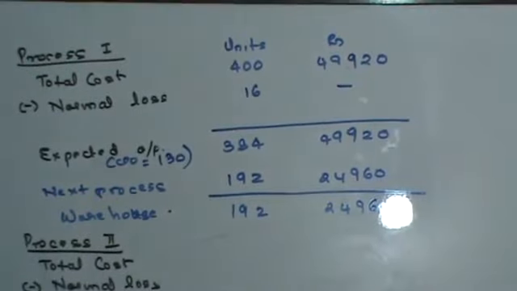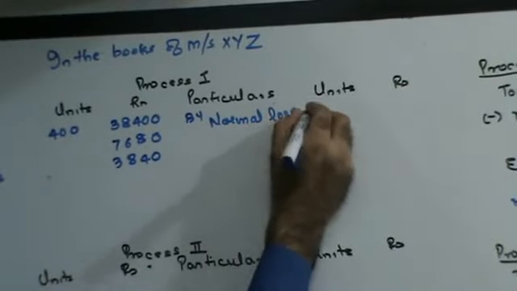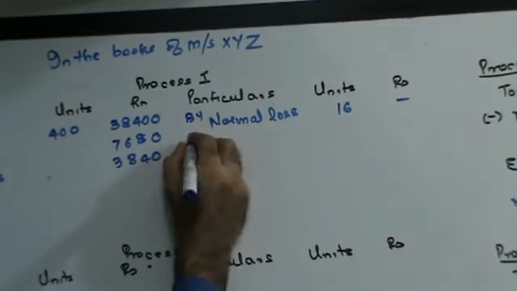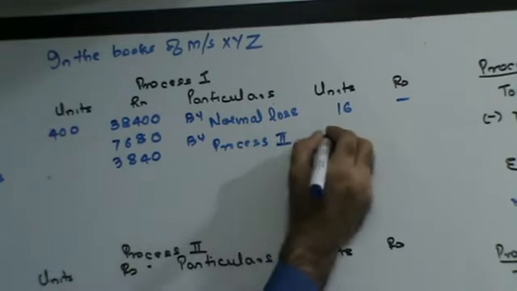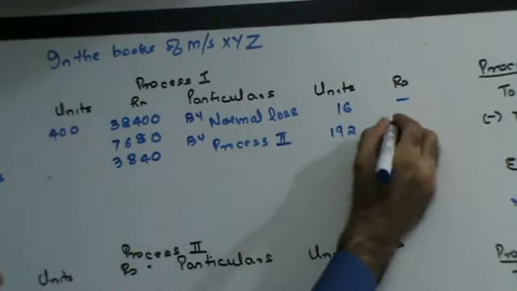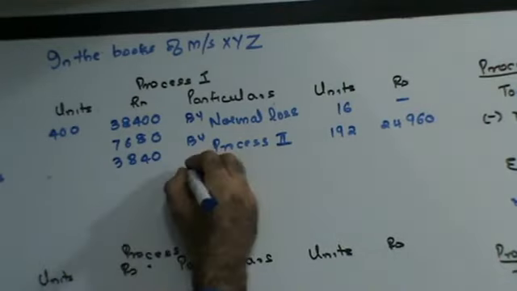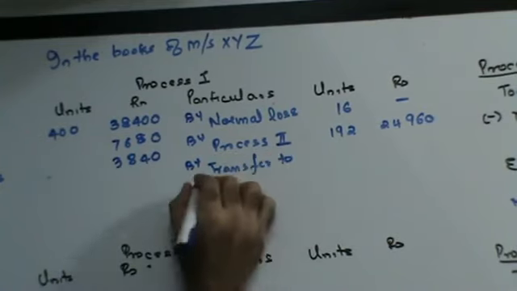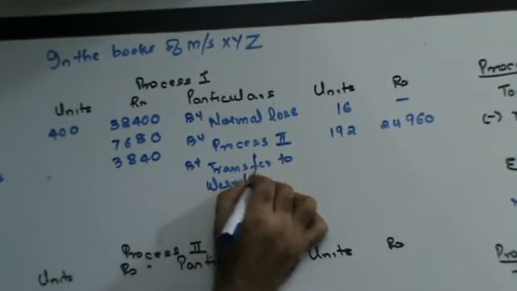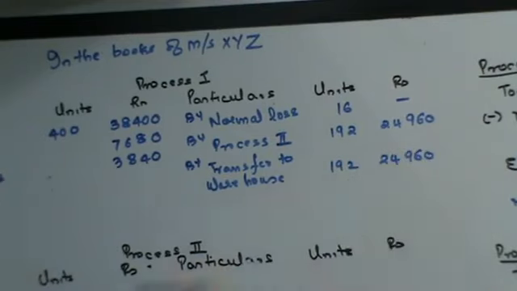Fine, do we get this thing clear? Now let's transfer this. This is going to be by normal loss. Normal loss is 16 and nil. This is transfer to next process, which will be called process 2, 192 and 24,960, and transfer to warehouse is 192 and 24,960.